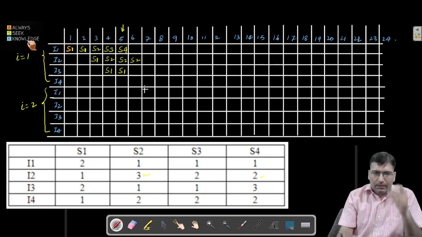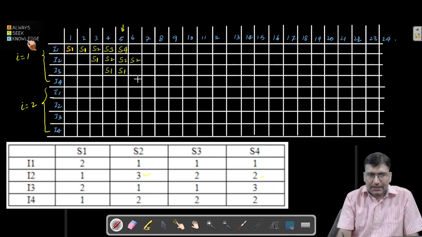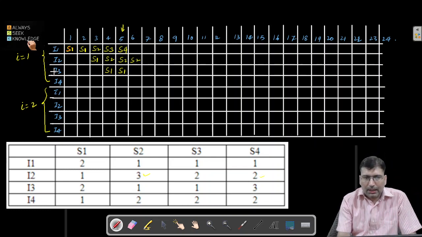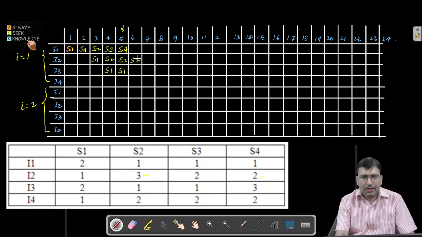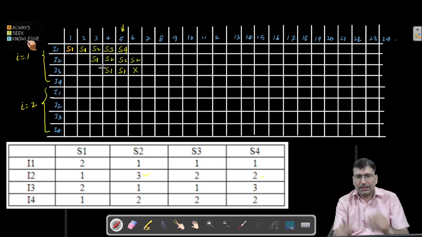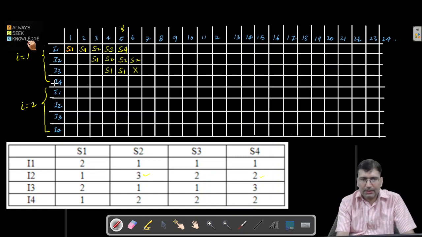Right? So now in cycle 6, I2 is in stage 2 and I3 needs to be shifted to stage 2, but stage 2 is busy with I2. So it cannot be moved to stage 2. But because I3 was requesting only 2 machine cycles in stage 1, the stage 1 assembly is available, so we can shift I4 here in stage 1.